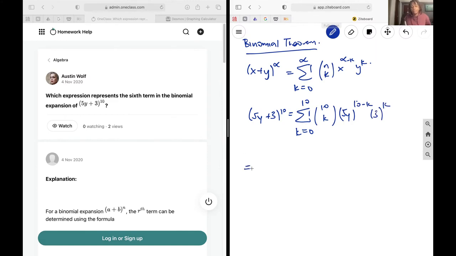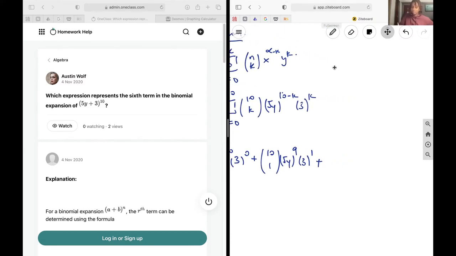So my first term is going to be 10 choose 0, 5y all to the power of 10 minus 0, so 10, 3 to the power of 0. My second term is going to be when k equals 1, so 10 choose 1, 5y all to the power of 10 minus 1, so 9, 3 to the power of 1. Plus, let's go ahead and write out everything.